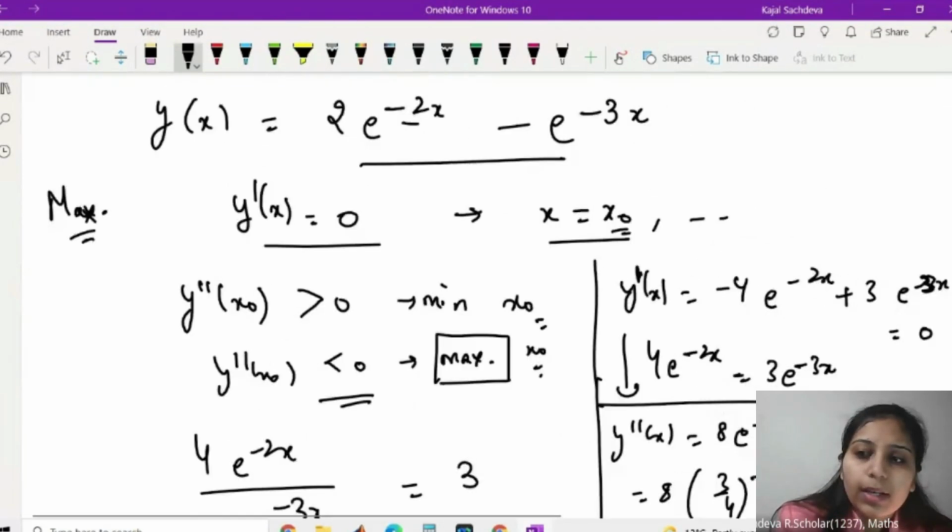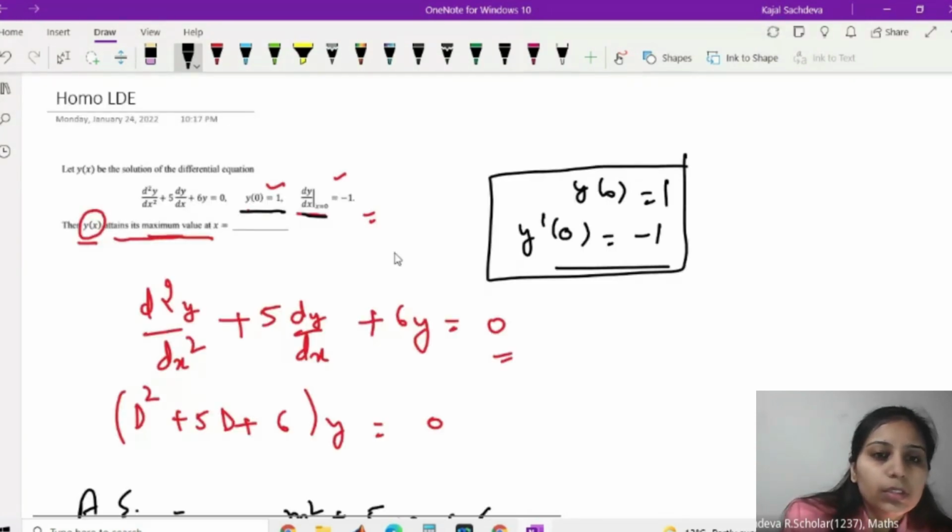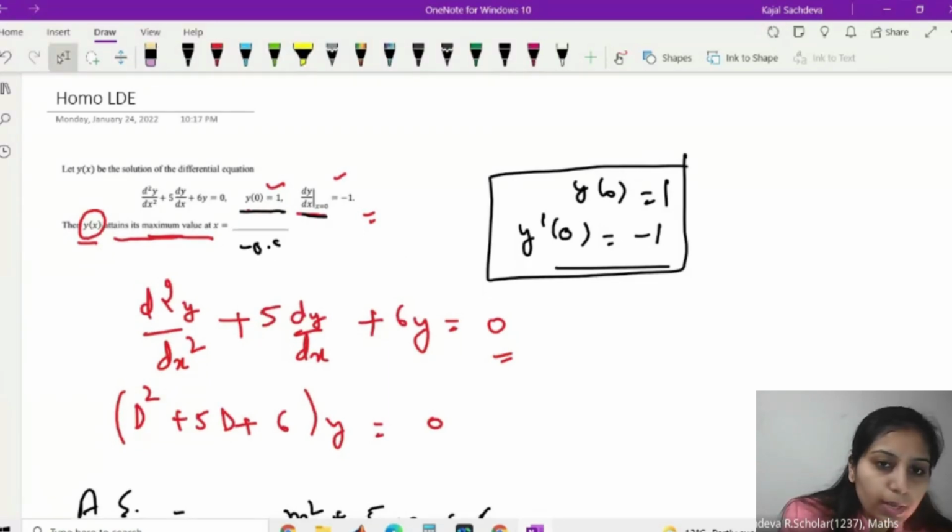So we can write our final answer in decimal form also. So this is the question. So we will get log 3 by 4 is our answer, or you will calculate, it will say minus 0.288 is our answer.